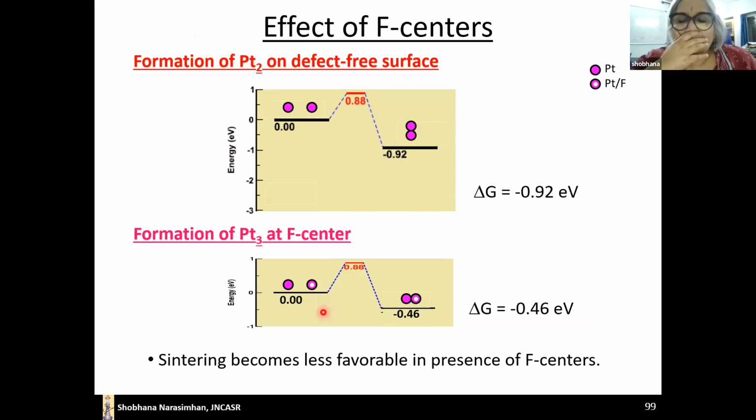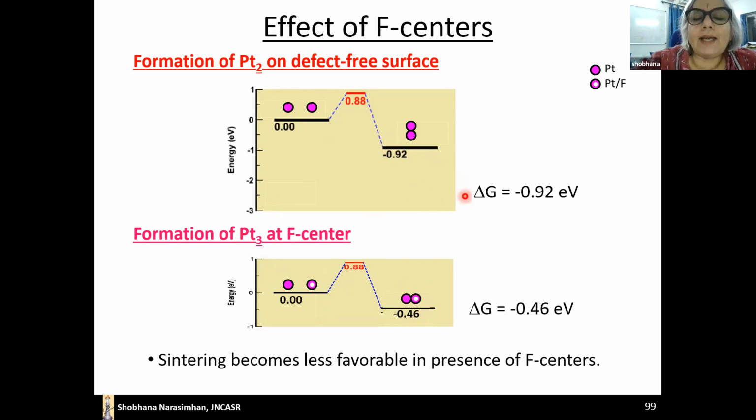So if I look at the effect of F centers, we've made this assumption, which probably isn't completely valid, which is we've assumed that the diffusion barriers don't change because of the F centers. We've assumed that only the initial and final states change.